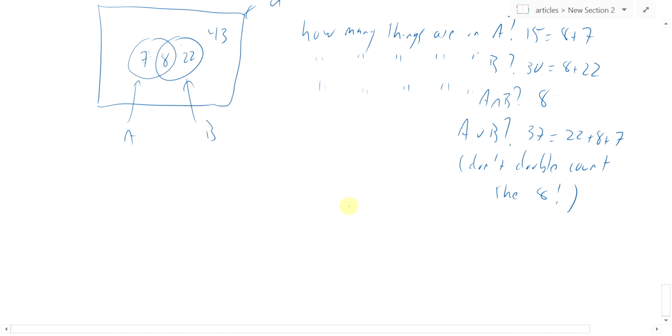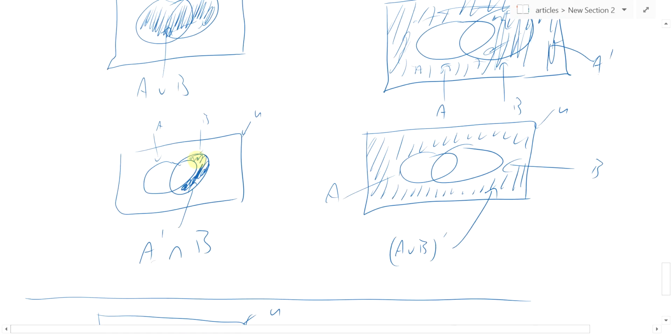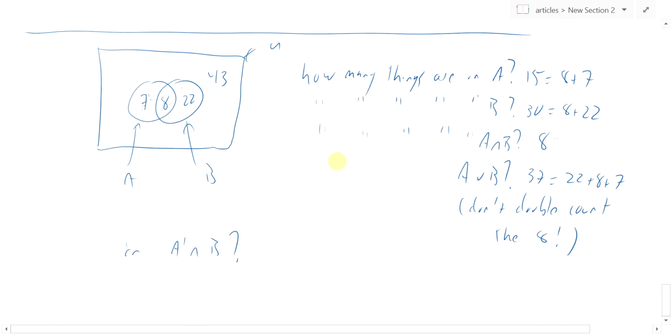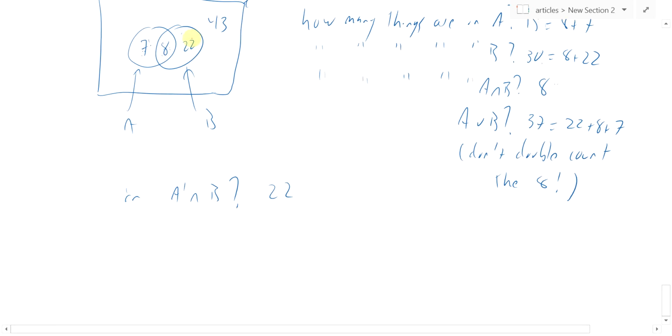How many things are in A prime intersection B? And if you remember up here, that's just in this part. And so A prime intersection B is everything that's outside of A, so not these 2 parts, but inside of B, so just that, 22. So how many things are in U?